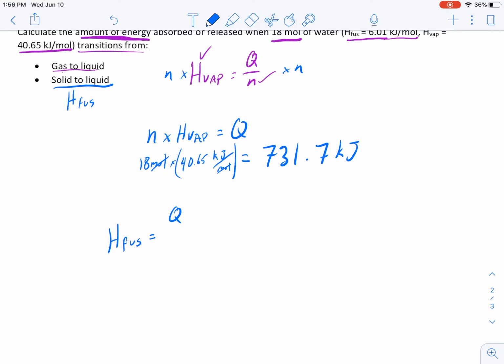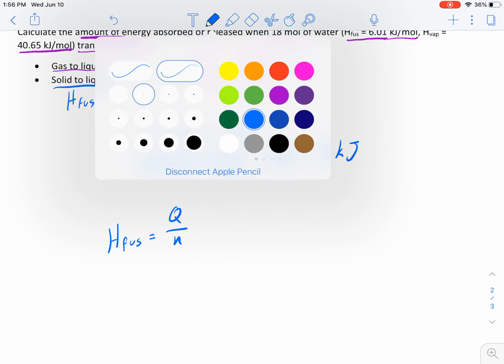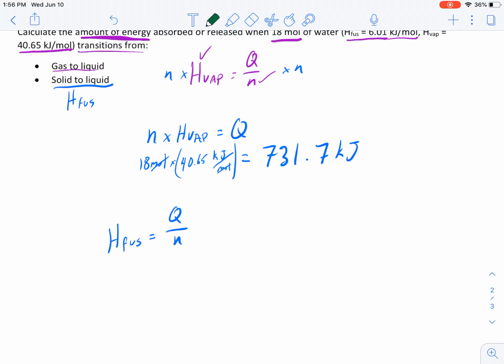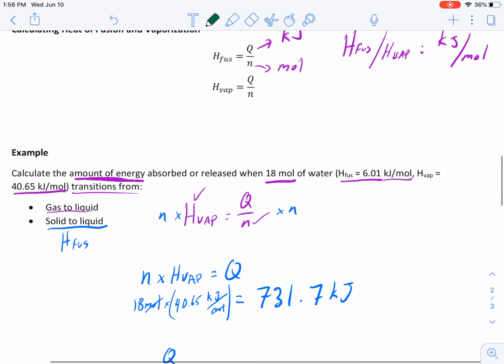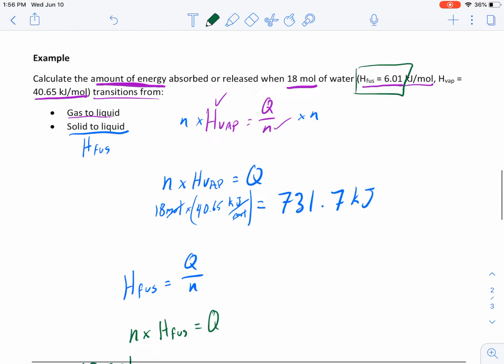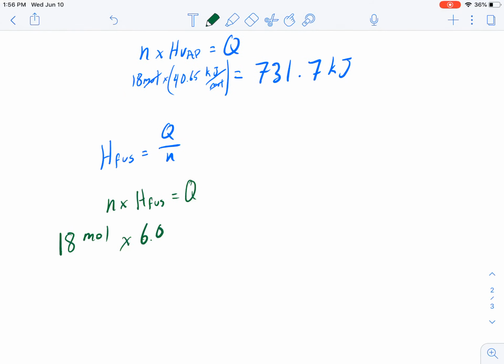And that's equal to Q over N. Again, we want to isolate for Q. We're going to get that same formula of N times H. This time it's H fuse is equal to Q. 18 moles times, this time we have to use the H fuse number of 6.01 kilojoules per mole. And we end up with 108.18 kilojoules.